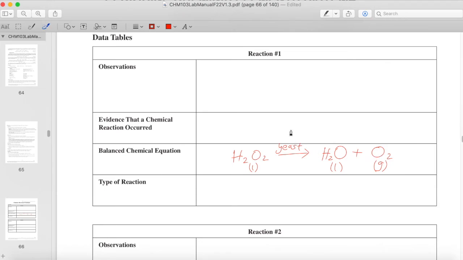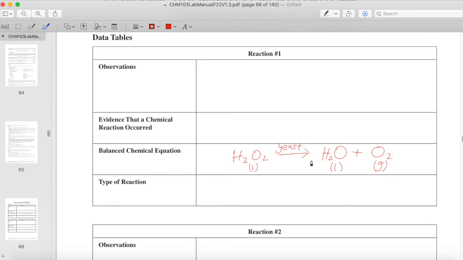So in other words, you split this equation in half, and you'll notice to the left of the arrow we have two hydrogens and two oxygens. To the right of the arrow we have two hydrogens and three oxygens. Two oxygens here plus a third one here. So you might want to think about how you're going to balance this equation by adding coefficients, these numbers in front of the chemicals, to give you the complete balanced equation.